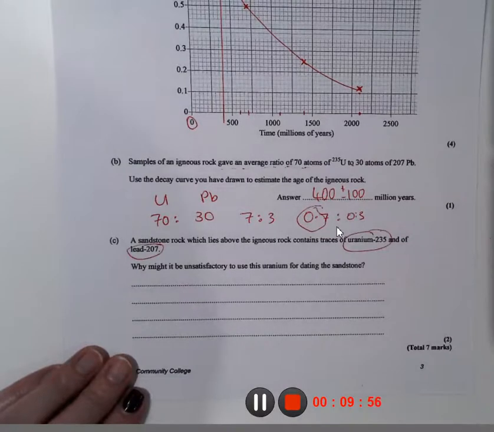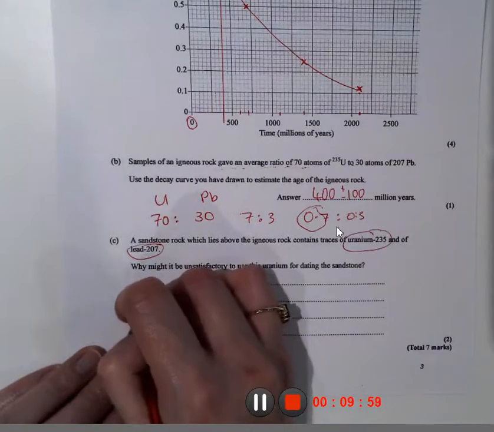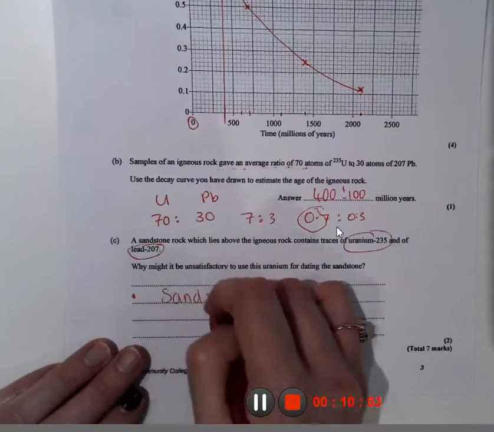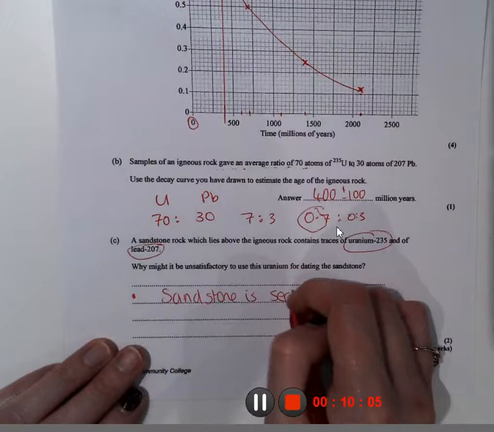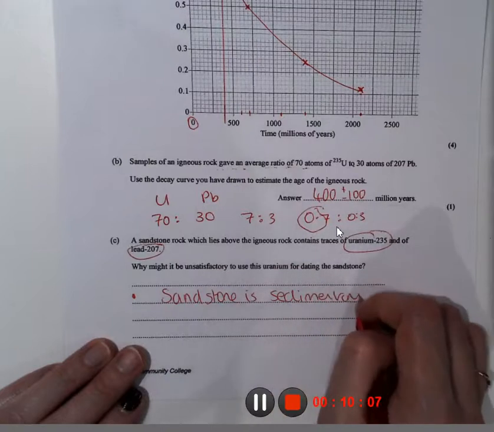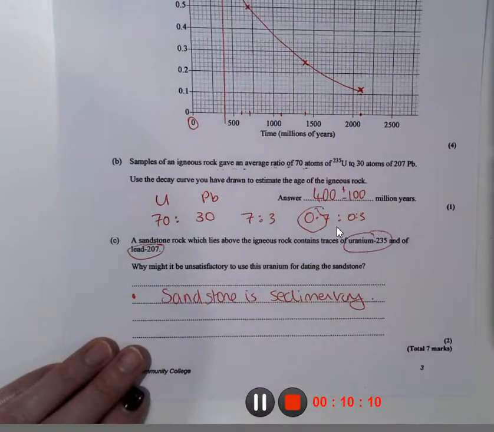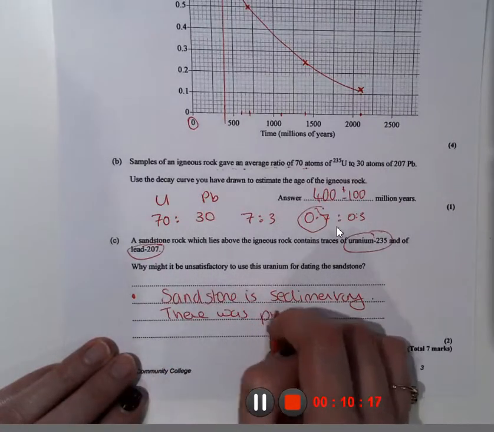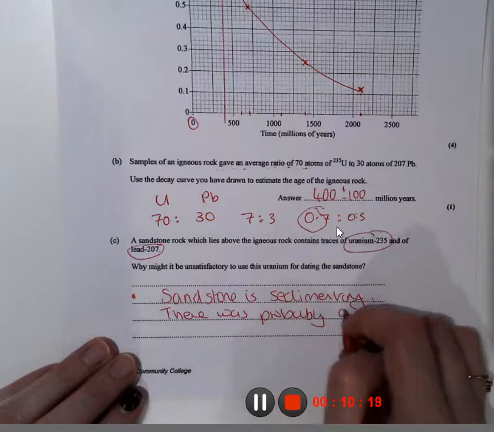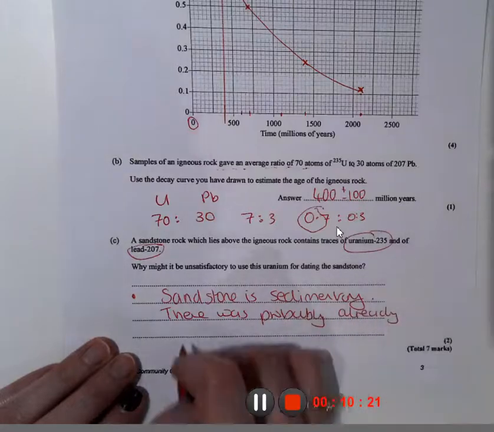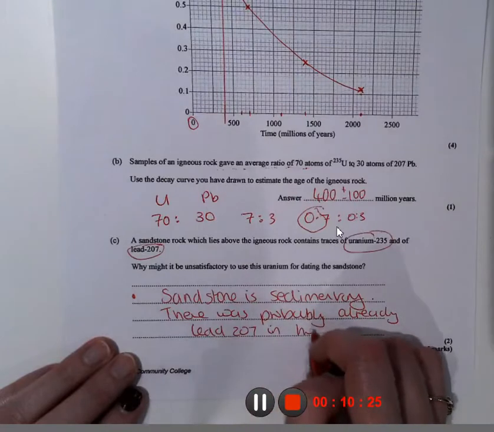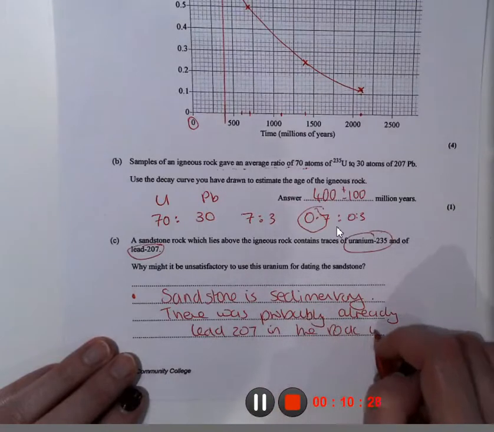It's because sandstone is sedimentary, there was probably already lead-207 in the rock when it was made.